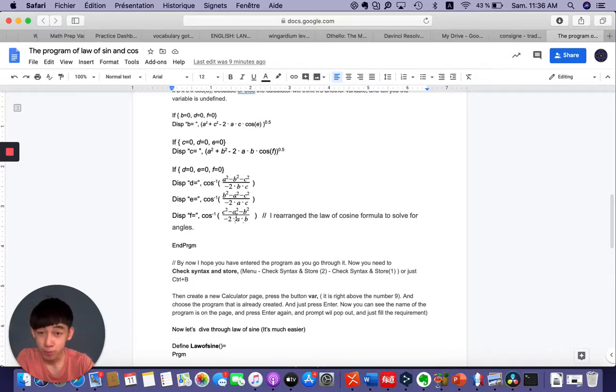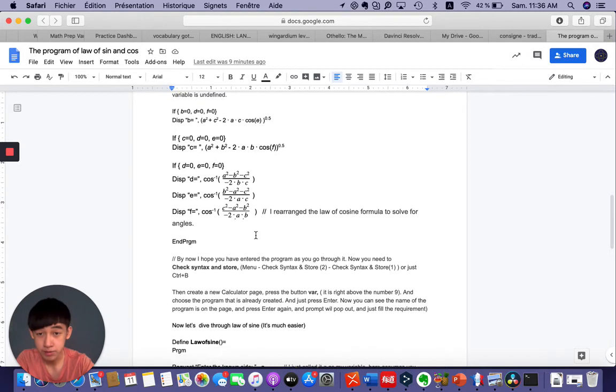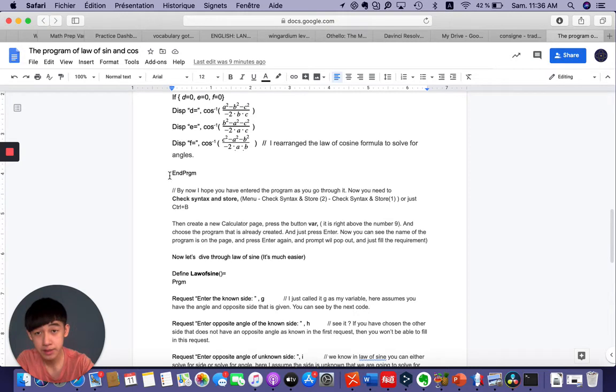In this case, if we type the three sides into the calculator and we put D, E, F all zeros, we can find all the three angles in the law of cosine, which means if you have the three sides known, you also know the three angles. And here is the end of the program.